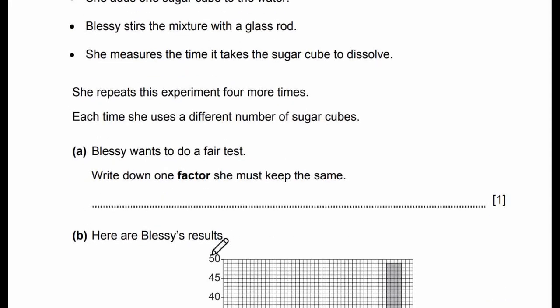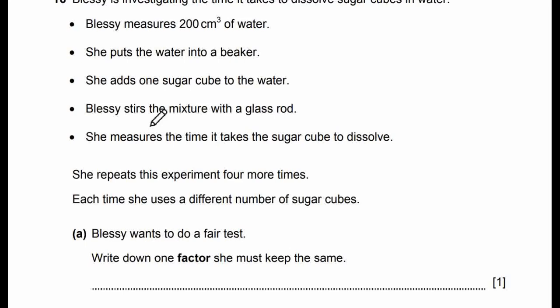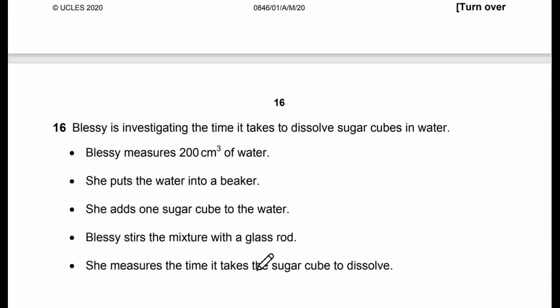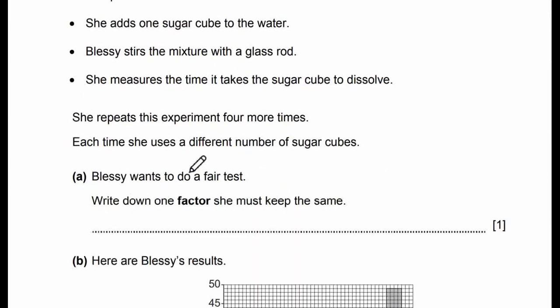A. Leslie wants to do a fair test. Write down one factor she must keep the same. For making a fair test, she must keep one factor or a few factors the same. Here, since Leslie is using water, one of the factors that should be kept the same is the temperature of water. This answer may vary.